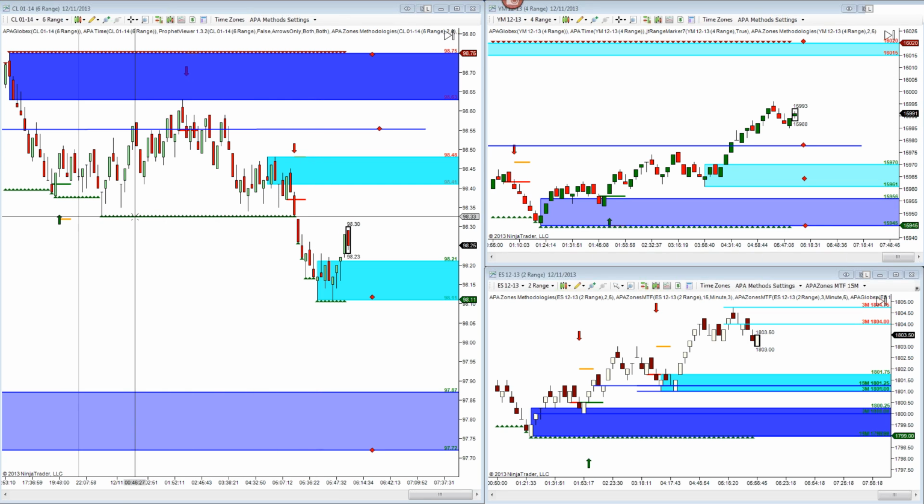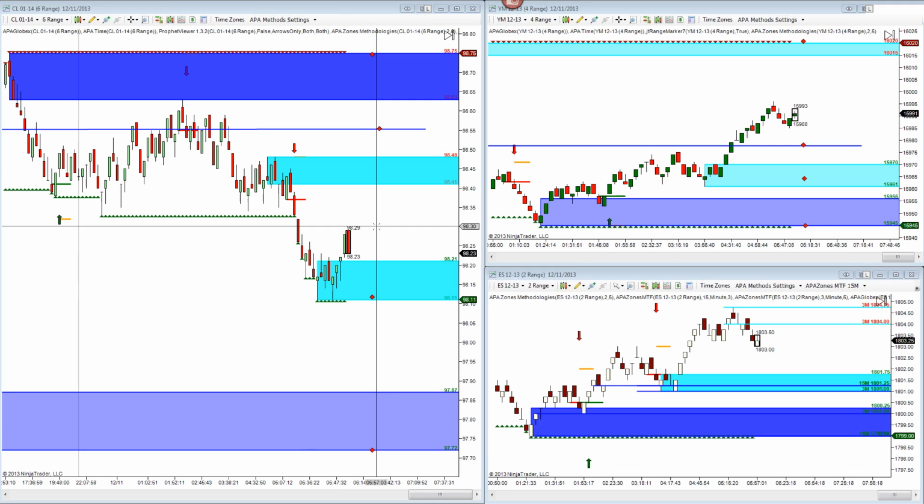I'm thinking that we might get a little resistance off of where these green triangles are. It's a previous low, so I think the previous low will come in as a little bit of resistance here. We'll see how that goes.